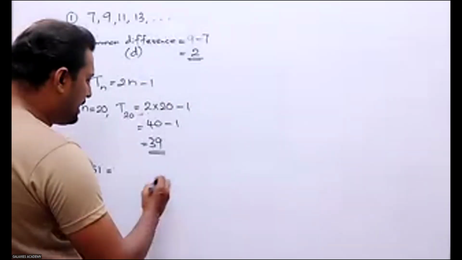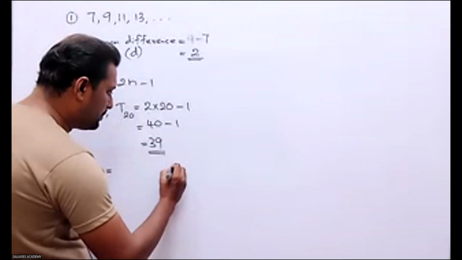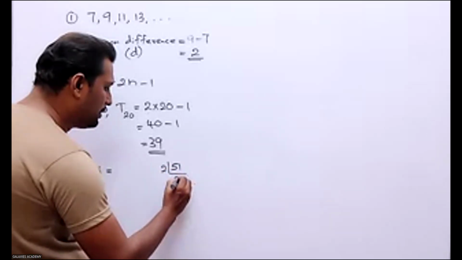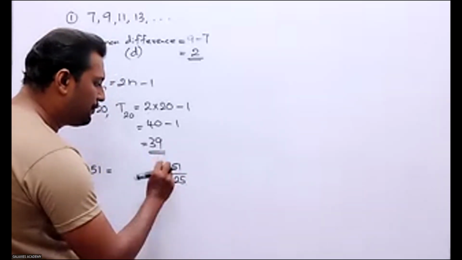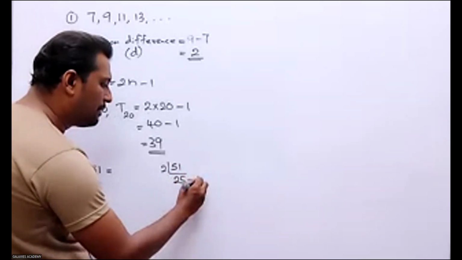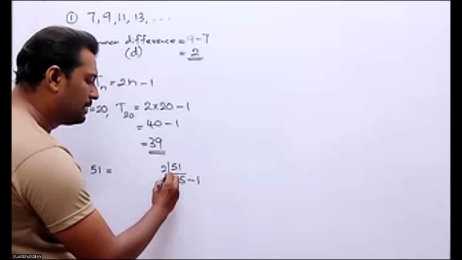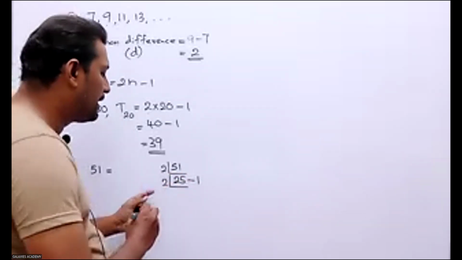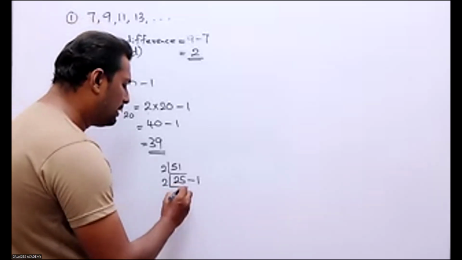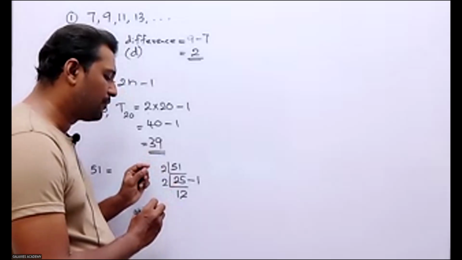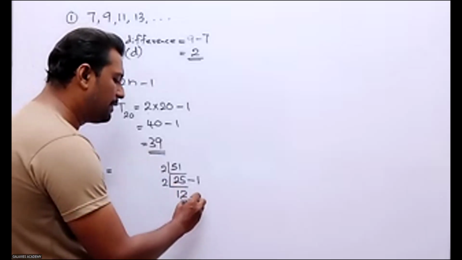We have to divide 51 by 2. 51 divided by 2 is 25. 2 times 25 is 50. 51 minus 50, the remainder is 1. Then 25 divided by 2 is 12. 2 times 12 is 24. 25 minus 24, the remainder is 1.